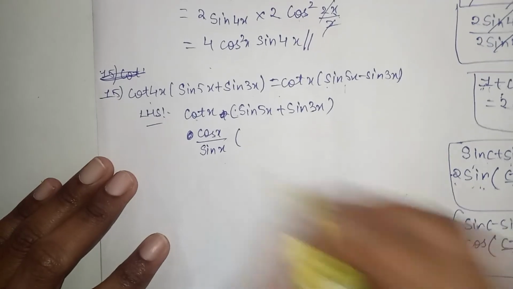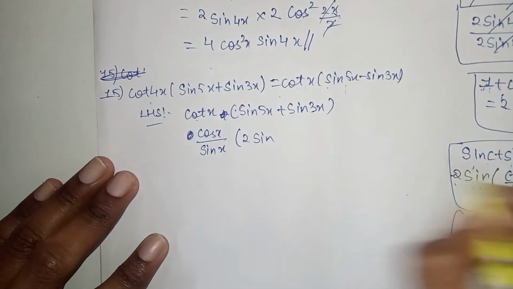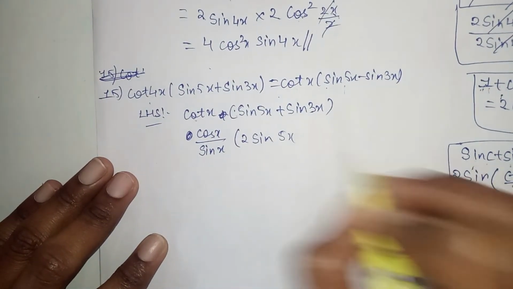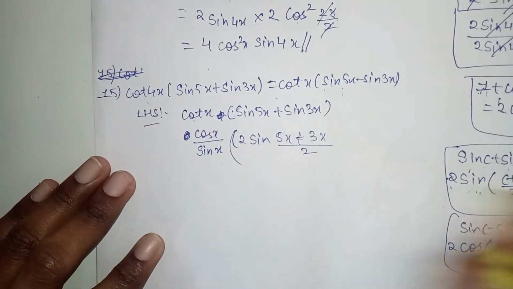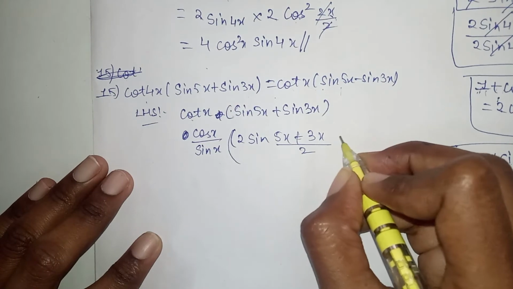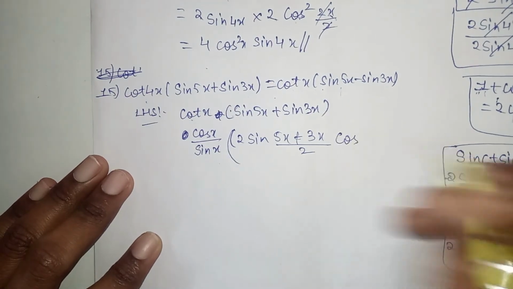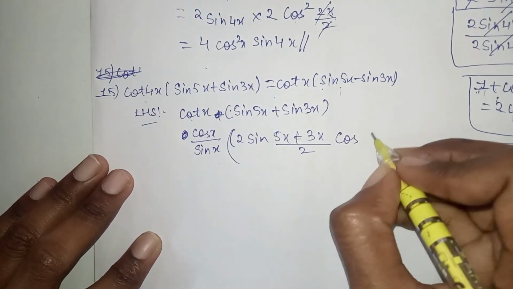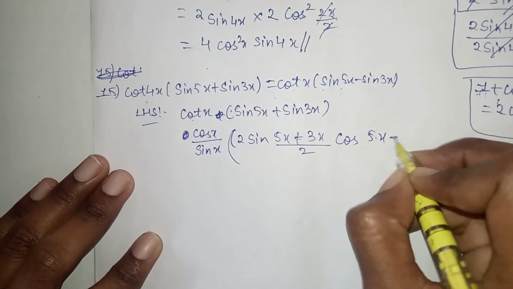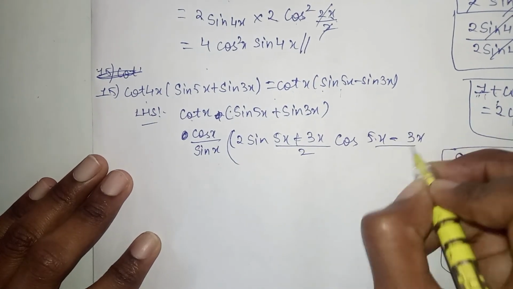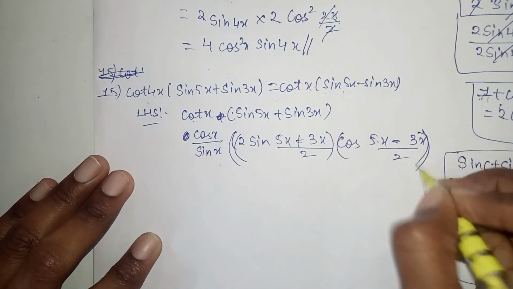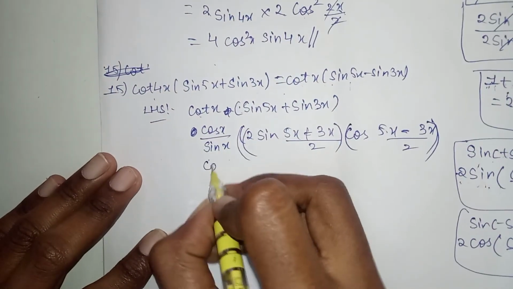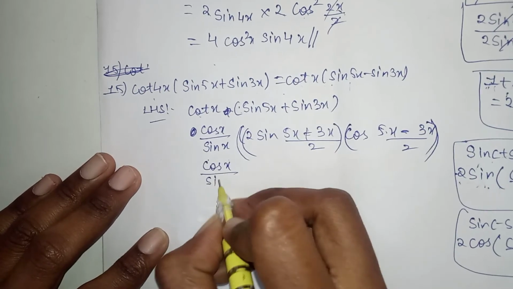So 2 sin of c, 5x, plus d, 3x, divided by 2, cos of c, 5x, minus d, 3x, by 2. Keep it under brackets. Cos x by sin x, you keep like this only.